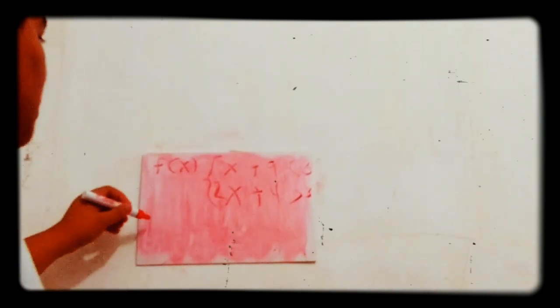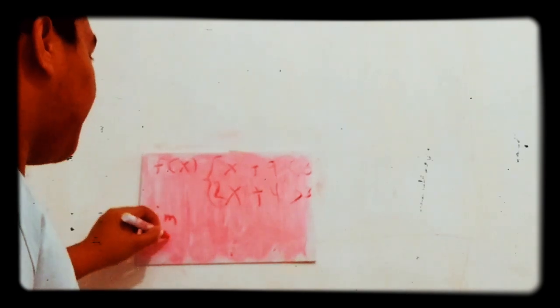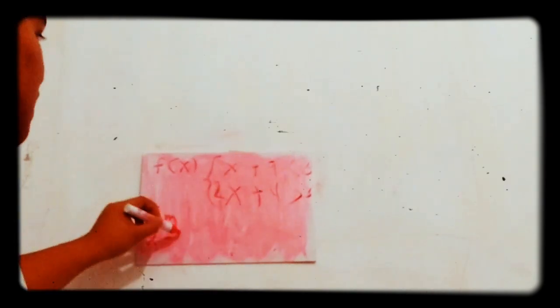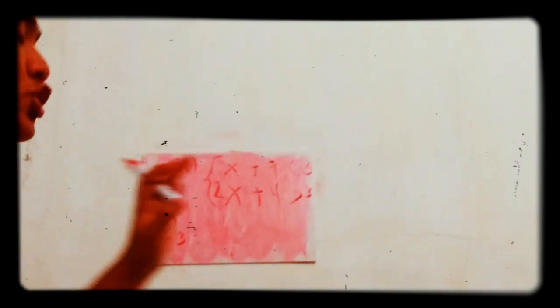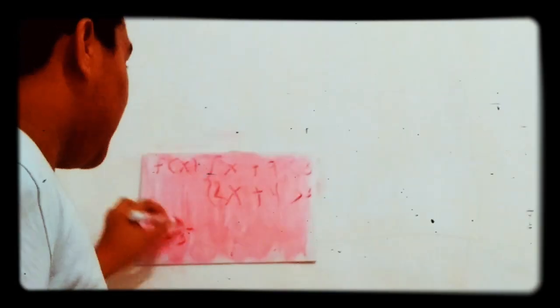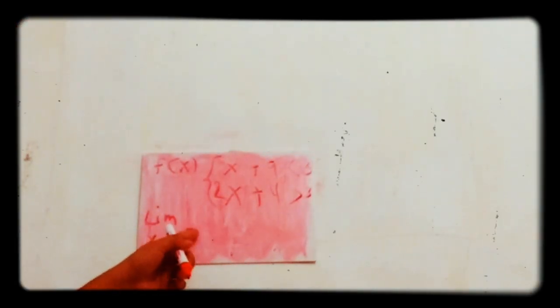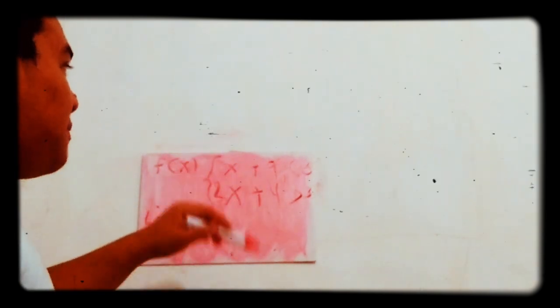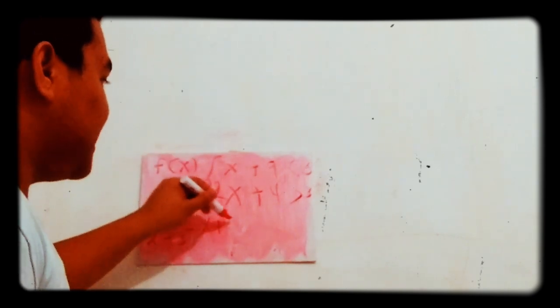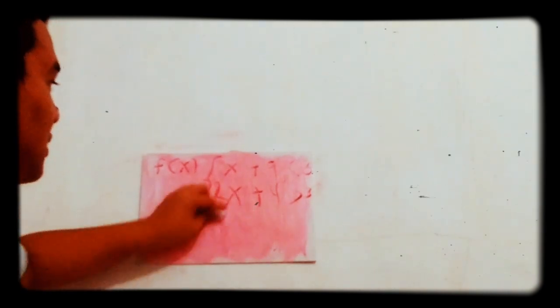Let's get the limit notation for the first piece. We should write lim x approaches 3. Because 3 is approached from the left side, we put a negative sign. Then also put the given problem, x plus 9. Again, if you don't put this problem, maybe you do not get points.